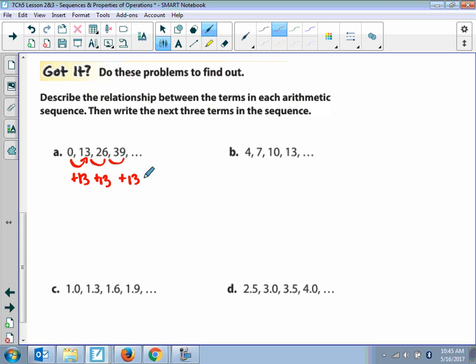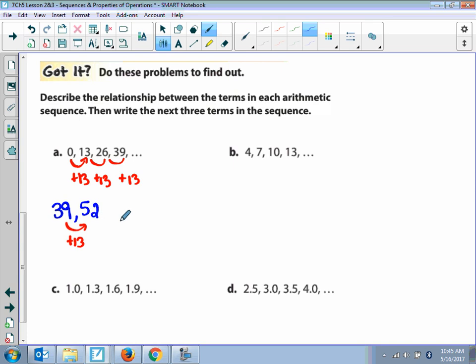So here, when I get from 39 to the next number, of course, we're going to add 13 to it. And this is how I'd like for you to show your work. So 39 plus 13 is? 52. Yeah.